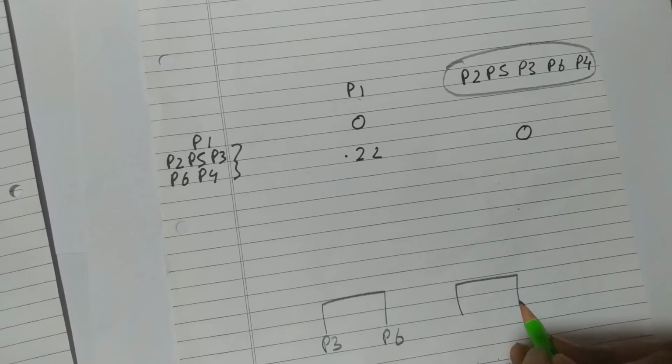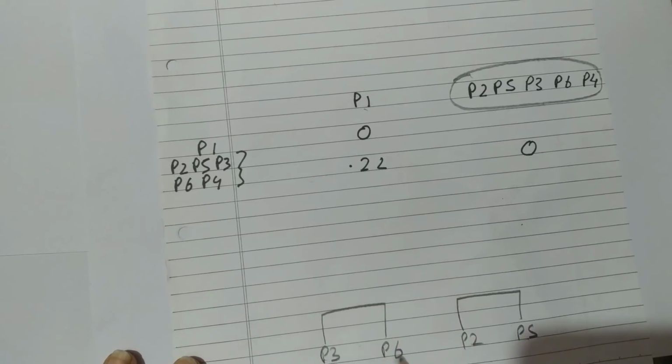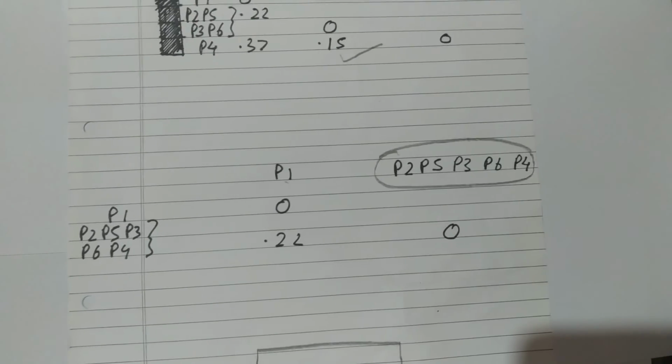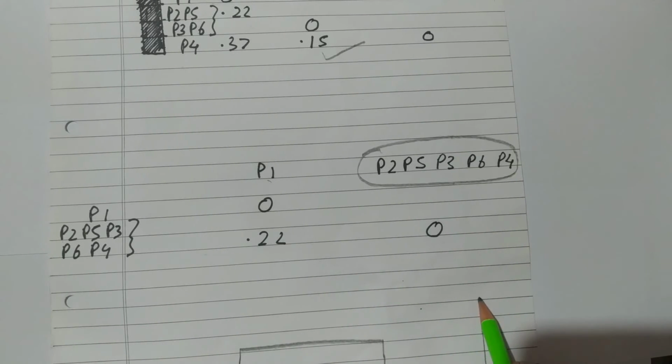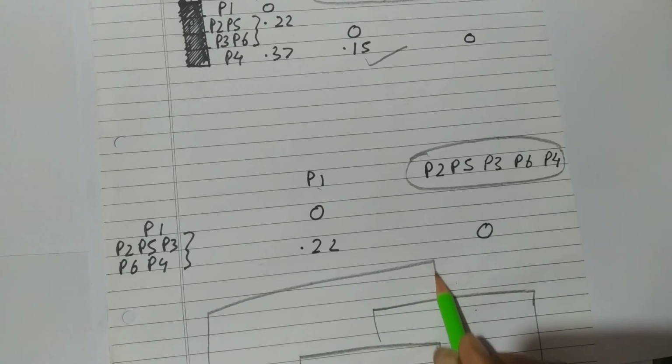Then we merged P2, P5. Then we merged P2, P5, P3, P6, which results in this. And then we merged P4 with this. And then finally P1 would be merged.